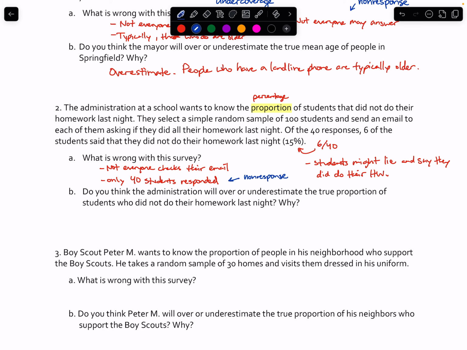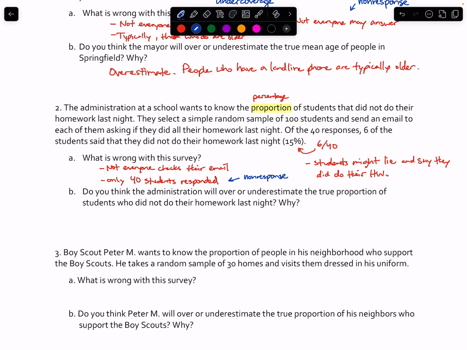Okay, so this idea that the administration is sending something out and the people who are responding are trying to play a game, basically, like, hey, what do they want to hear? These people who are asking me this question, what's the answer that they want to hear?